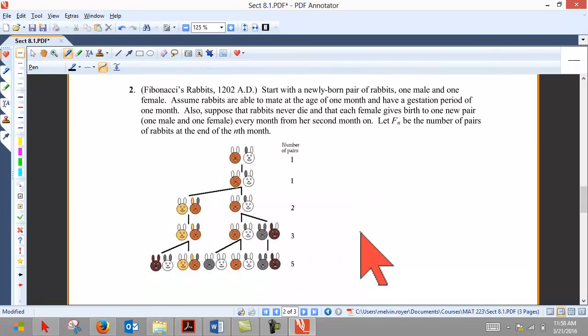Next example, Fibonacci's rabbits. So you need just a little bit of history. Fibonacci, an Italian in the 1200s, takes a trip somewhere in the Arabic world, to Iraq, I believe, to Baghdad, I think.